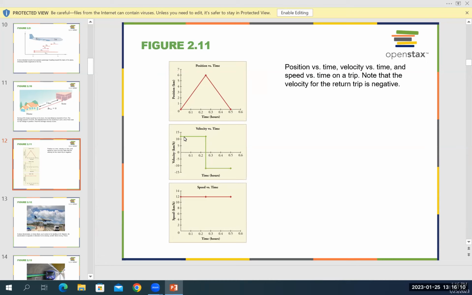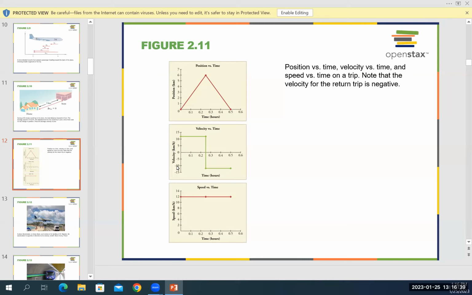So what this tells me is I'm traveling at a constant speed up until this point, and then I travel at a constant speed in the opposite direction because now I'm negative. Remember what I said the other day? In physics, negative signs mean direction. So that's all we've done here.